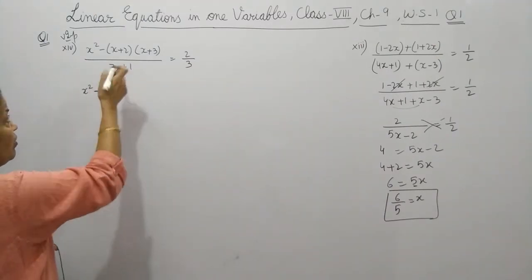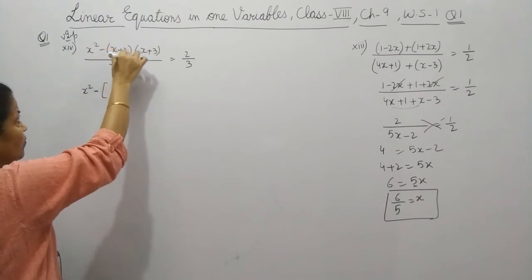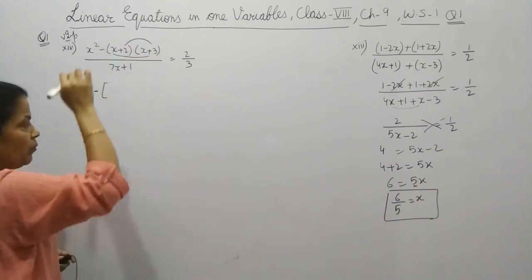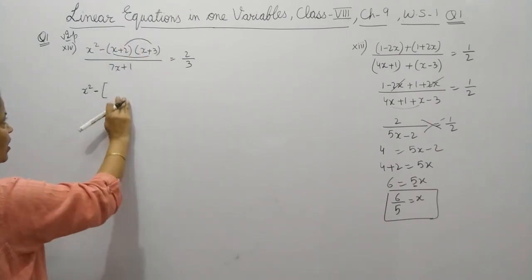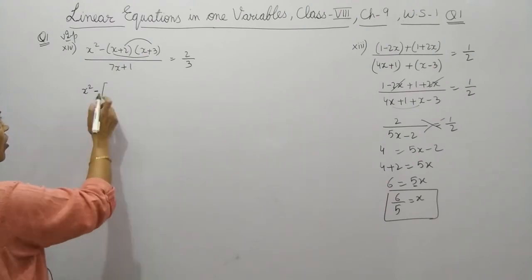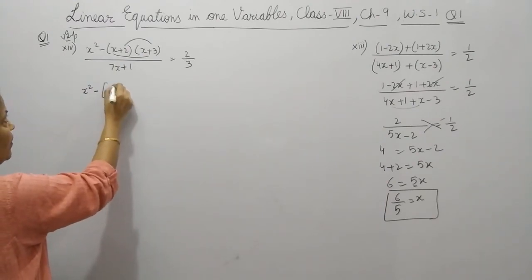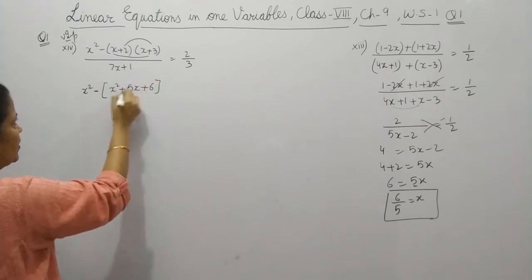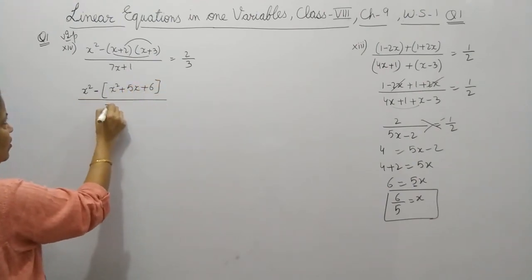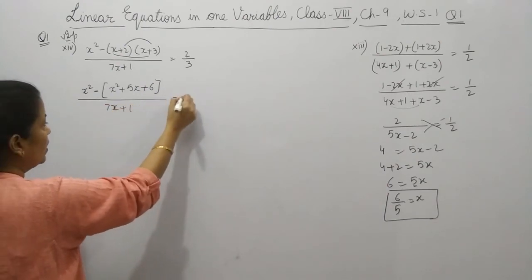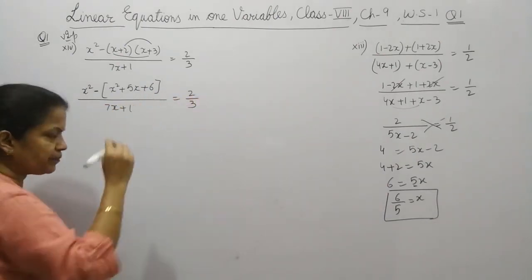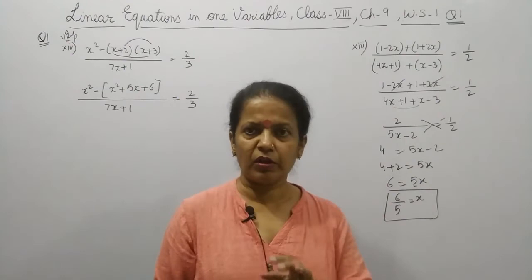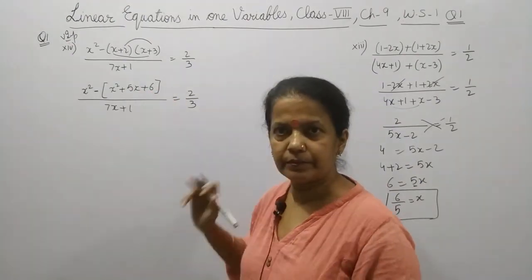So if you solve it, x with both of them and 2 with both of them. You already know the method to solve it. So it will become x square plus 5x plus 6 after solving it. And in the denominator 7x plus 1 equals 2 by 3. Okay, after solving you will get this term.